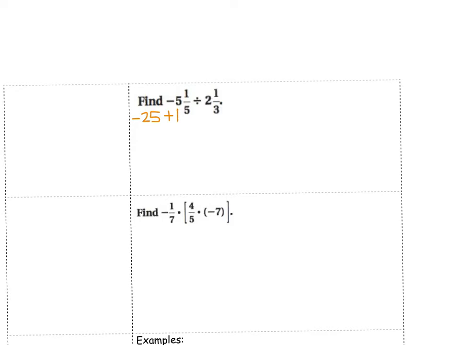So -25 plus 1 is -24, and it still goes back over that 5. I'm just going to rewrite the division sign. And then 3 times 2 is 6. 6 plus 1 is 7. So 7/3. And now we need to keep, change, flip.